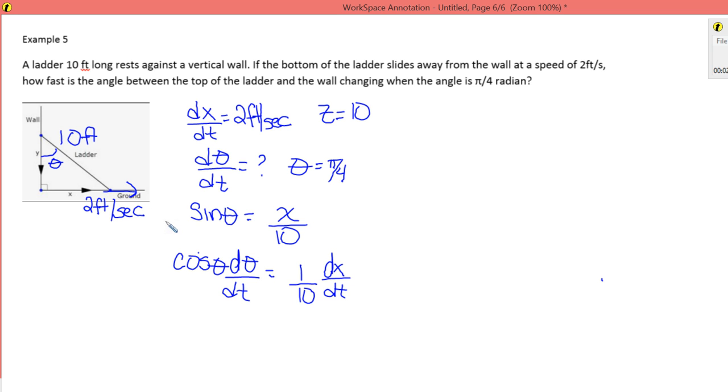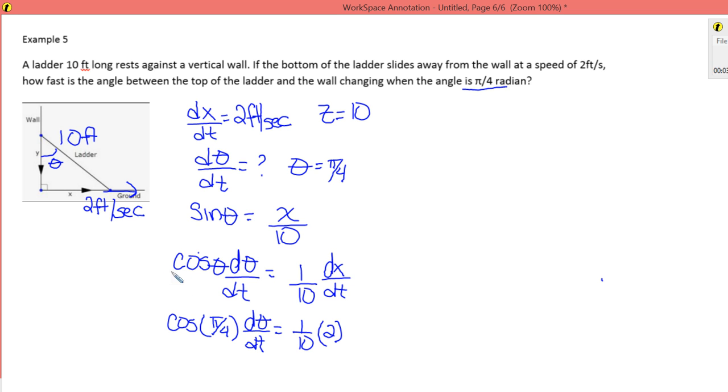What I need to know is cosine of theta. At the point that I'm looking for, theta is pi over 4. So plugging that in, yes, I said plug, Mr. Zamora, that's cosine of pi over 4 times d theta dt, which is equal to 1/10 times dx dt, which is 2.